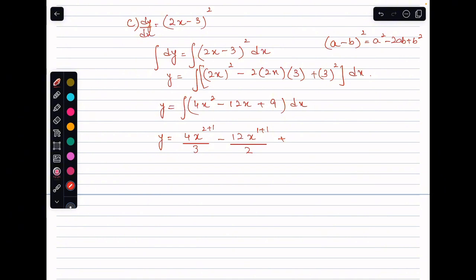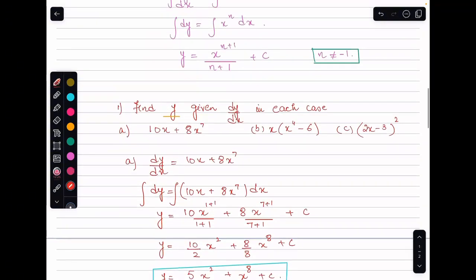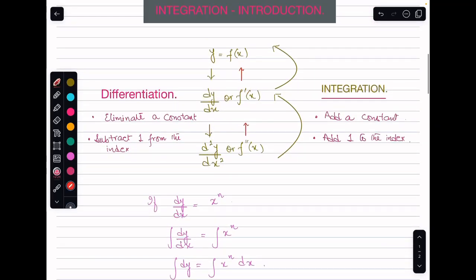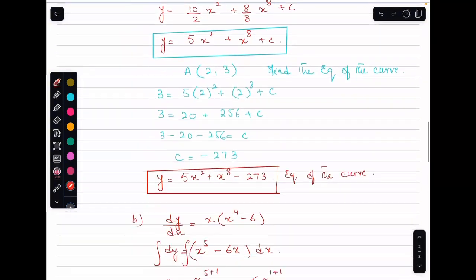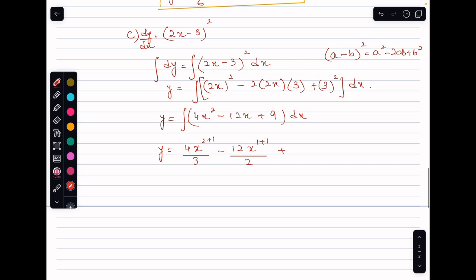This is what we said in the beginning: the difference between differentiation and integration is that in differentiation we eliminate the constant, and in integration we have to add a constant. So the 9 I already have, I should not eliminate, but rather treat as 9 times x to the power 0.